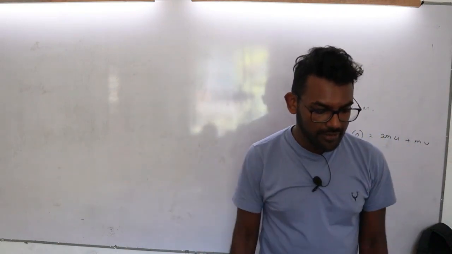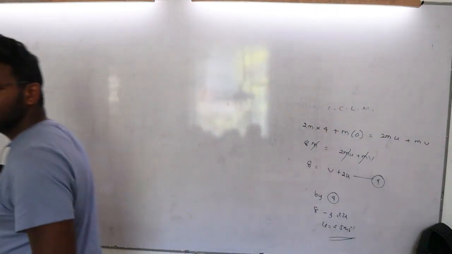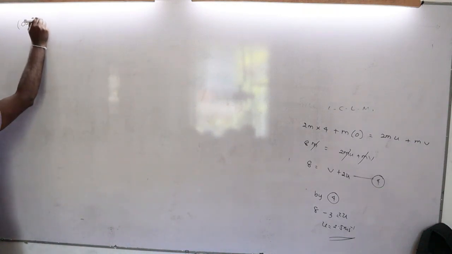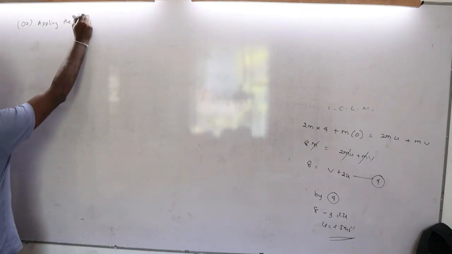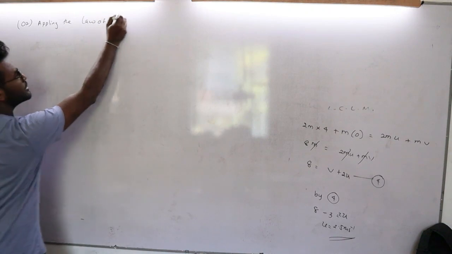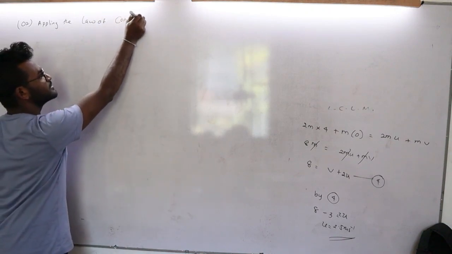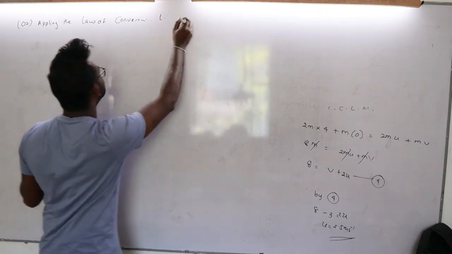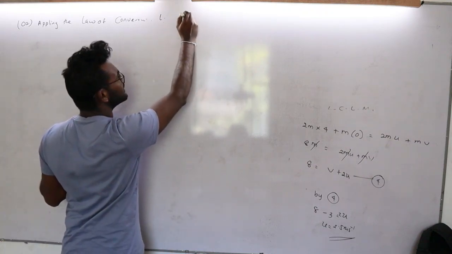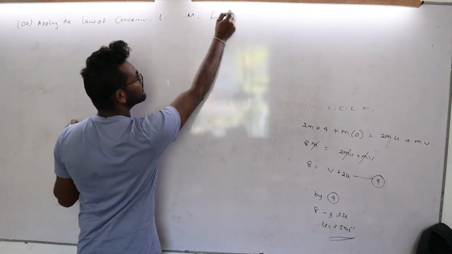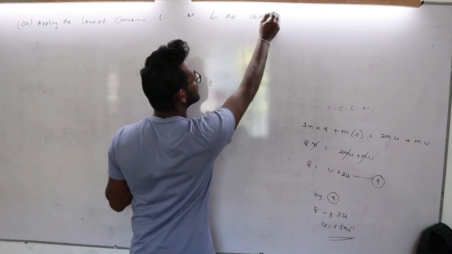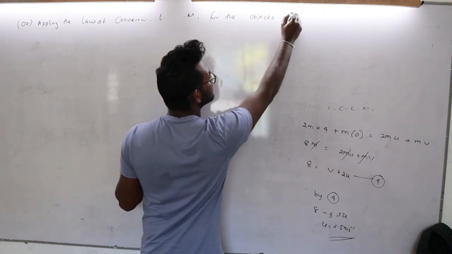Okay, we write that one as the next scenario, second case. Applying the law of conservation of linear momentum. I'm just being lazy to write it. Conservation of linear momentum for the objects thrown apart.